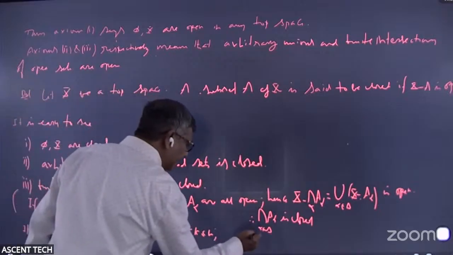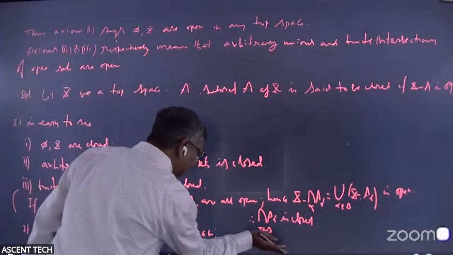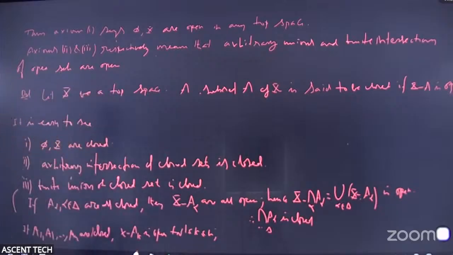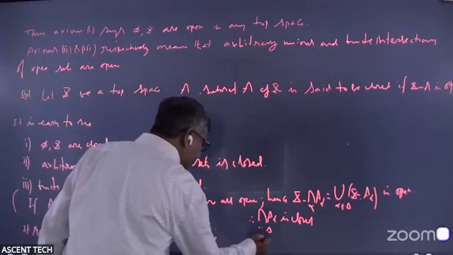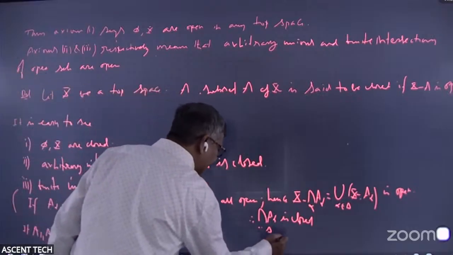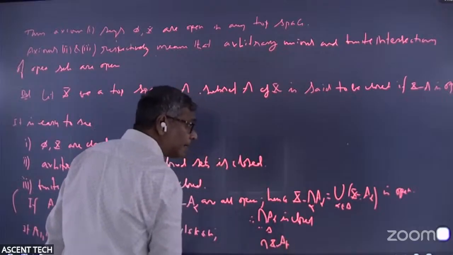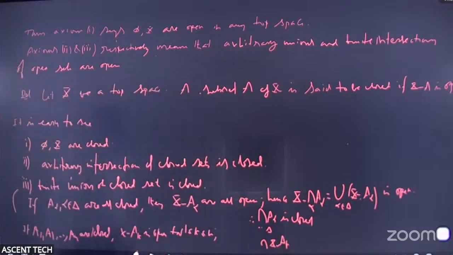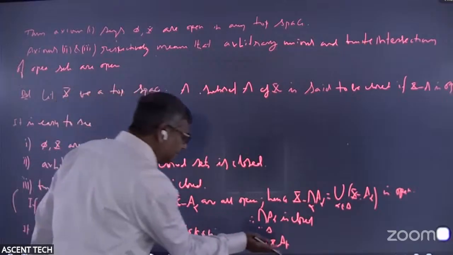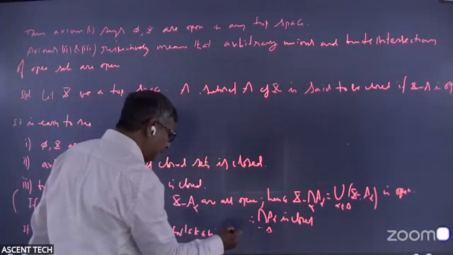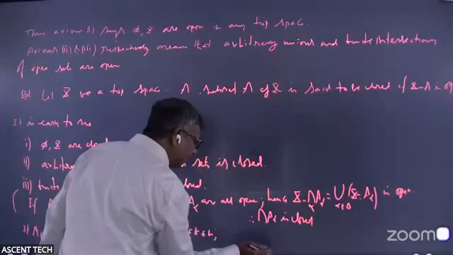What is union X minus AK? Not union, I wanted, okay. So if finitely many are open, their intersection is open. So intersection X minus AK. Can you see this? Is it visible, sir? Yes, sir. Intersection X minus AK.